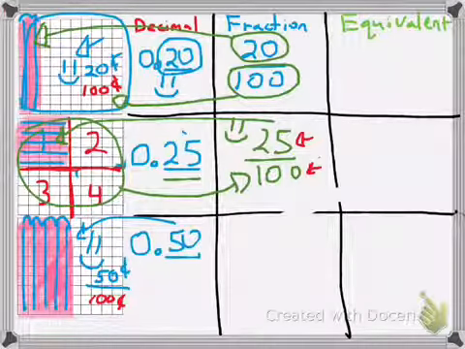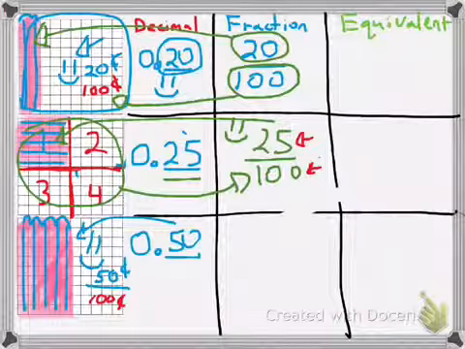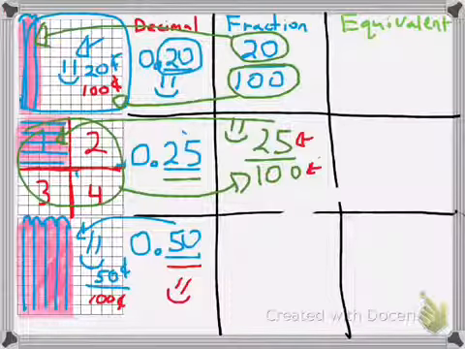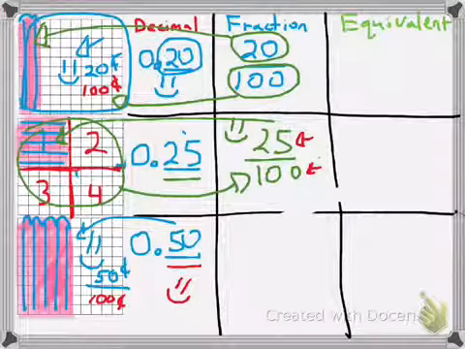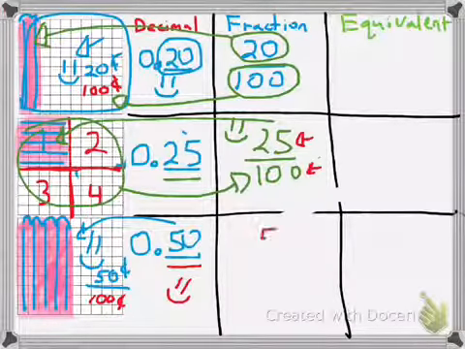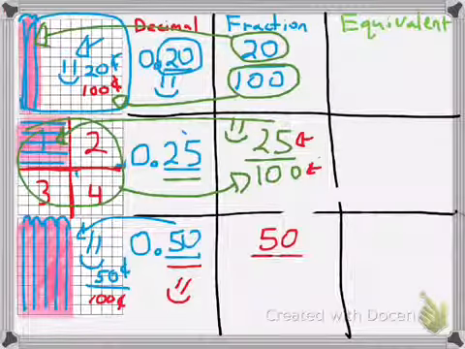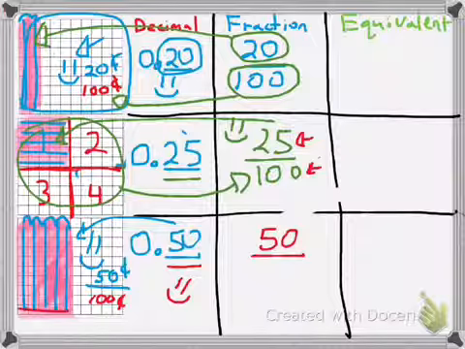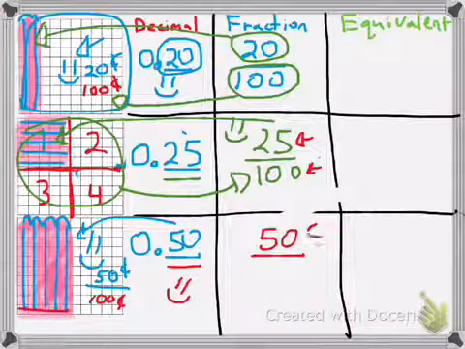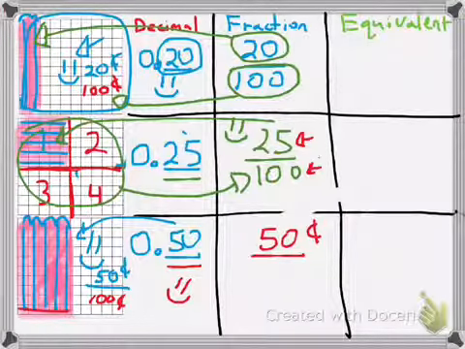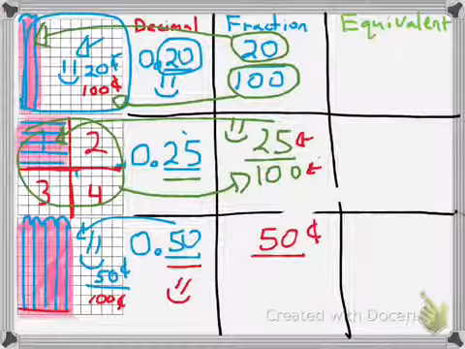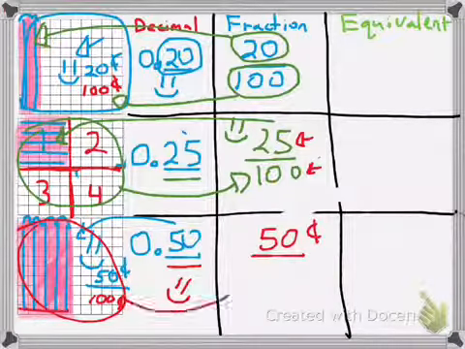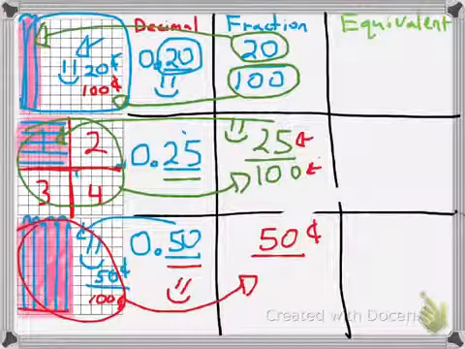Let's go down to our bottom grid, which has 50 squares shaded in. Now, our numerator is going to be 50 because in total we have 50 squares that are shaded in. Or again, if you're thinking in terms of money, we can say that we have maybe 50 cents. Again, there are 100 squares in our whole, so our denominator is going to be 100.